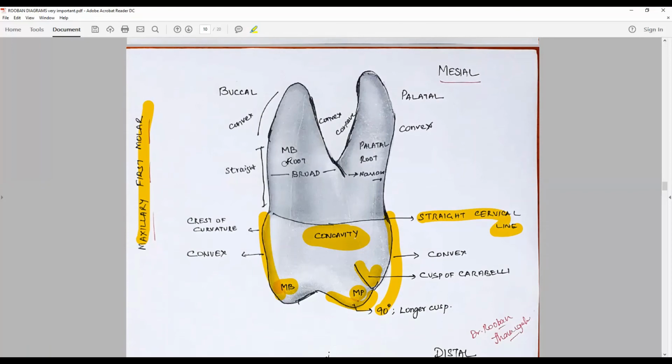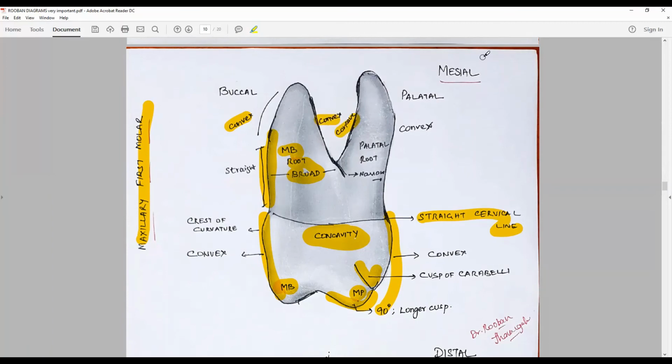In the root part, we find the mesiobuccal root, which is broad. The buccal outline is straight till the apical third, where it is convex in nature. The mesial outline is convex, whereas for the palatal root, the mesial outline is concave. Note the difference.